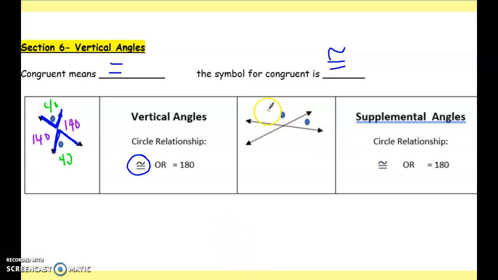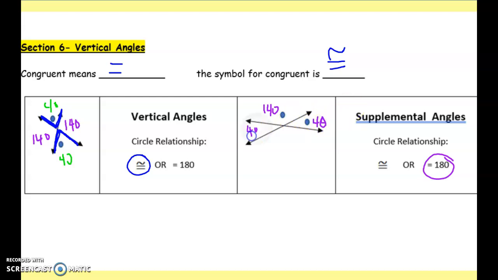We talked about if they are next to each other. Now, this depends on if you have two straight lines crossing. I should have mentioned that, sorry. You have two perfect straight lines crossing. Then you will form vertical angles. And then the angles that are next to each other or adjacent are going to equal 180. So again, even if I looked at my picture on the left there, or I could rewrite it, let's say those ones are 40 or 140, and this blue dot is representing a 40-degree angle.